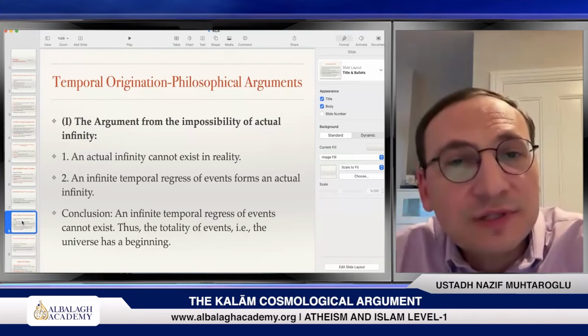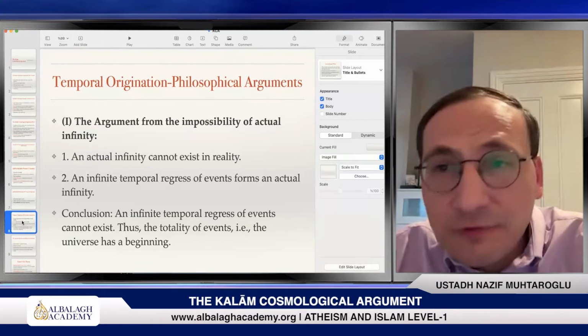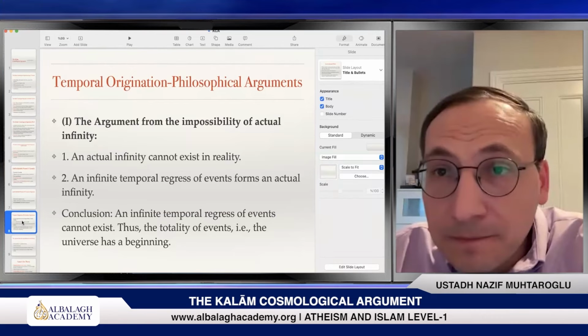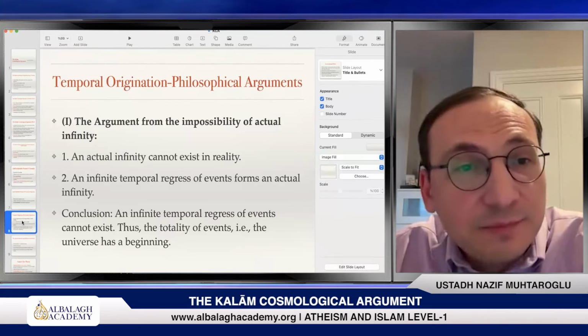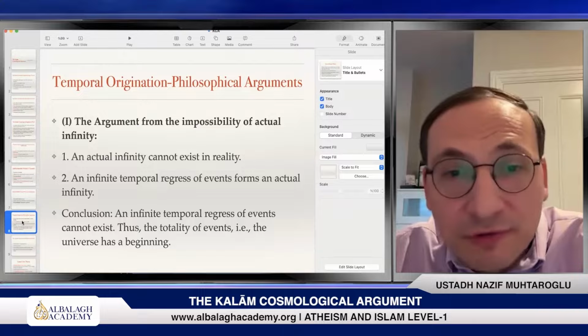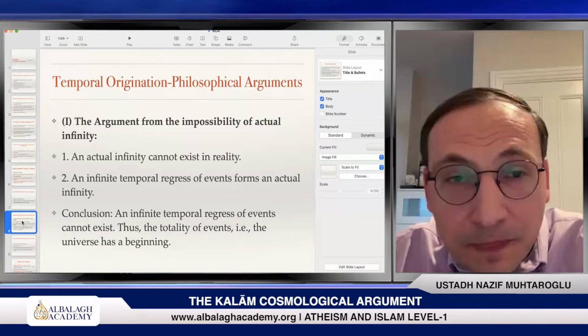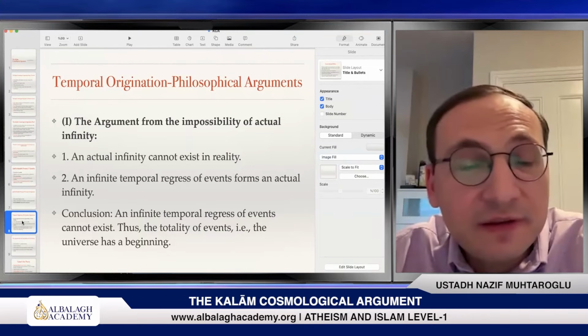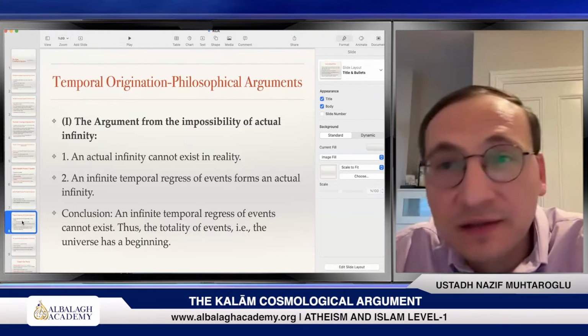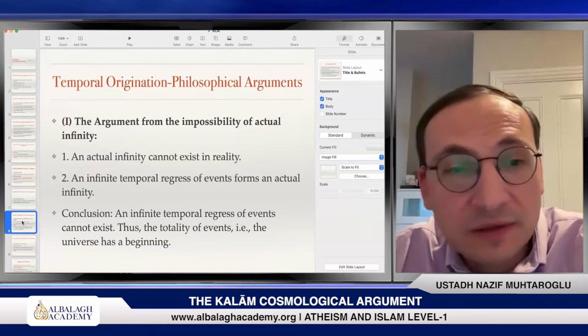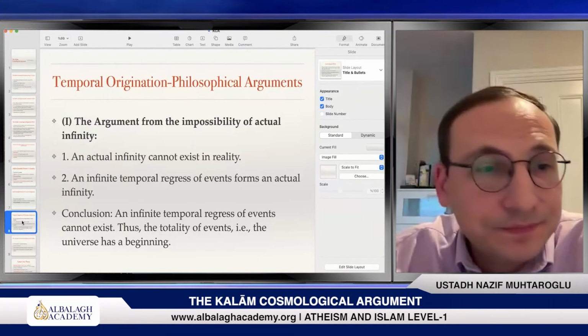So the first argument states that in the first premise, an actual infinity cannot exist in reality. Second premise, an infinite temporal regress of events forms an actual infinity. And conclusion, an infinite temporal regress of events cannot exist. Thus, the totality of events, namely the universe, has a beginning.